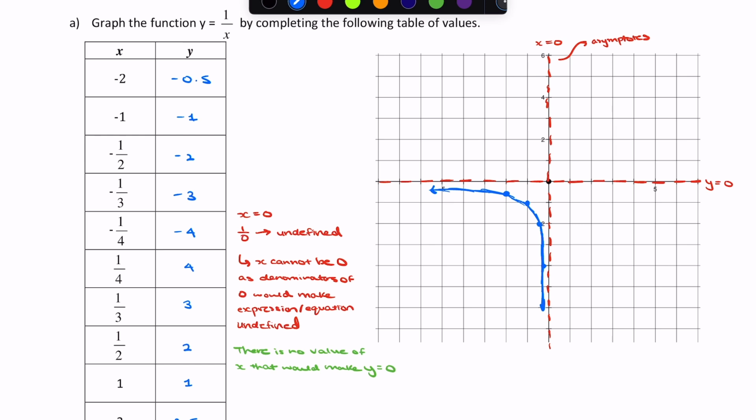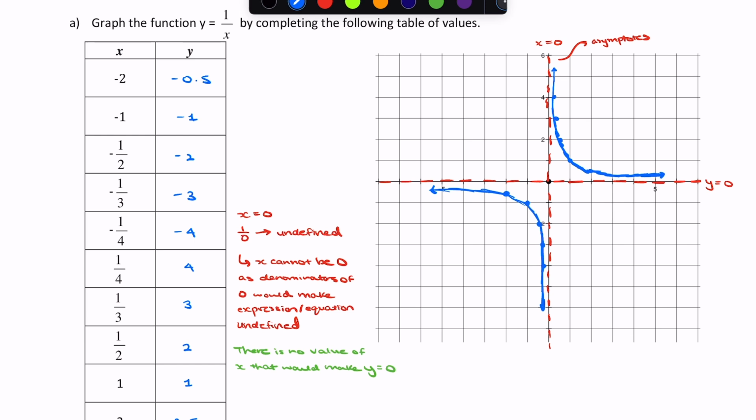Then we have 1/4 and 4, 1/3 and 3, 1/2 and 2, 1 and 1, and then finally 2 and 0.5. So it looks something like this.